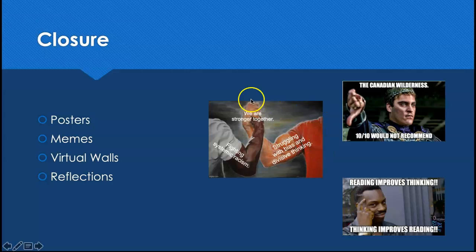For example, this one's from Roll of Thunder, Hear My Cry, a book set in the Deep South before civil rights, I believe in the 1940s or 50s, from an African-American girl's perspective. It was really great for the students to create memes of the themes. We created virtual walls also. And we always have deep reflections in a multitude of ways, maybe even through VoiceThreads sometimes if we're doing it online, those kinds of things. Flipgrid videos.